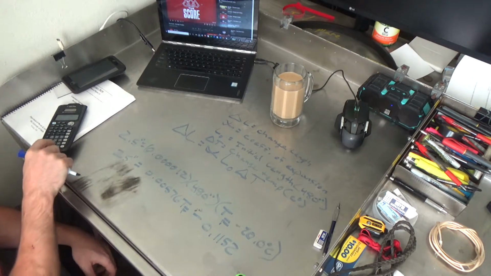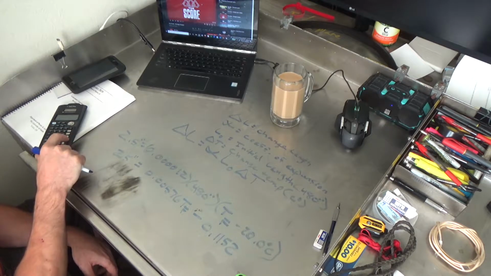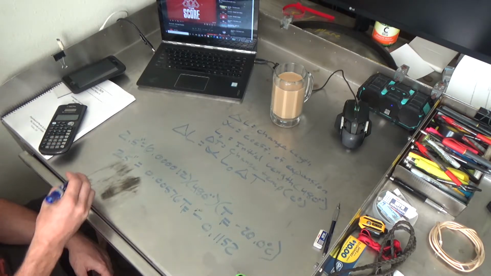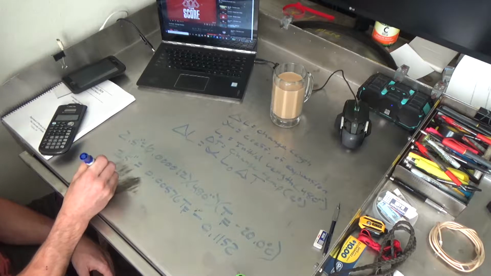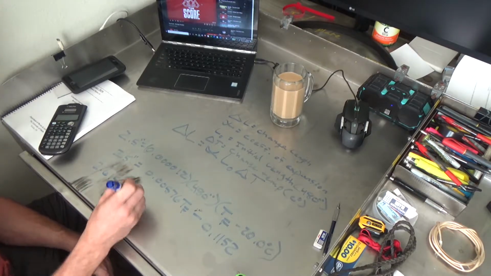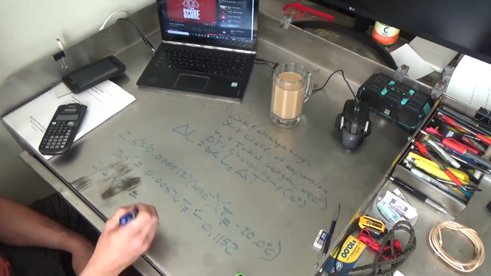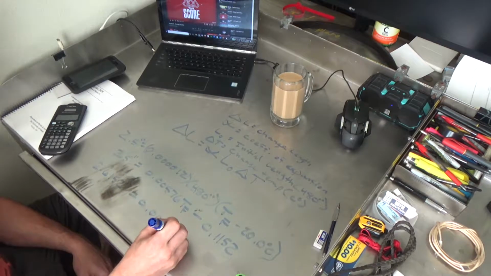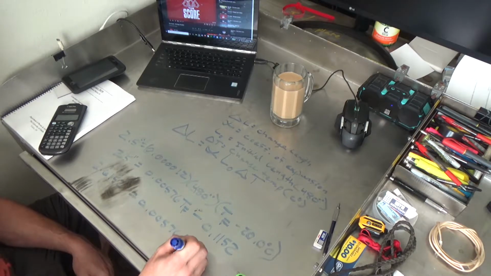We're going to bring this over here, we're going to add it. That leaves us with 2.6152 inches equals 0.00576 times final temp.